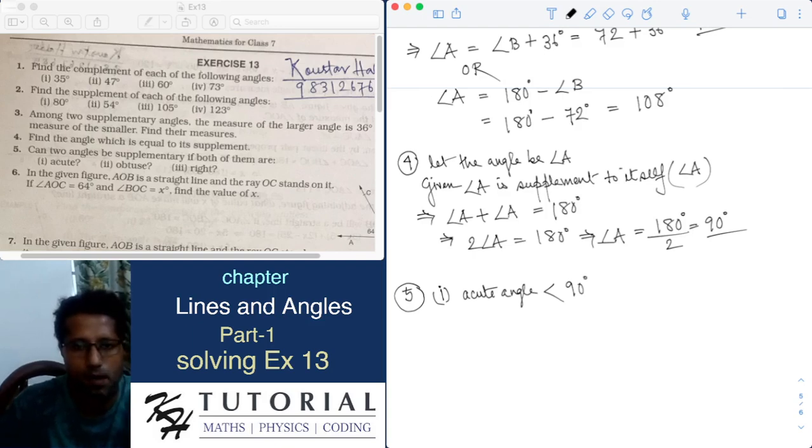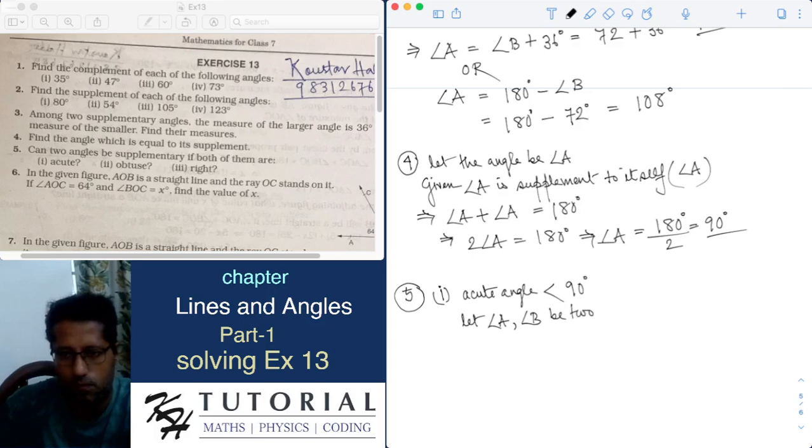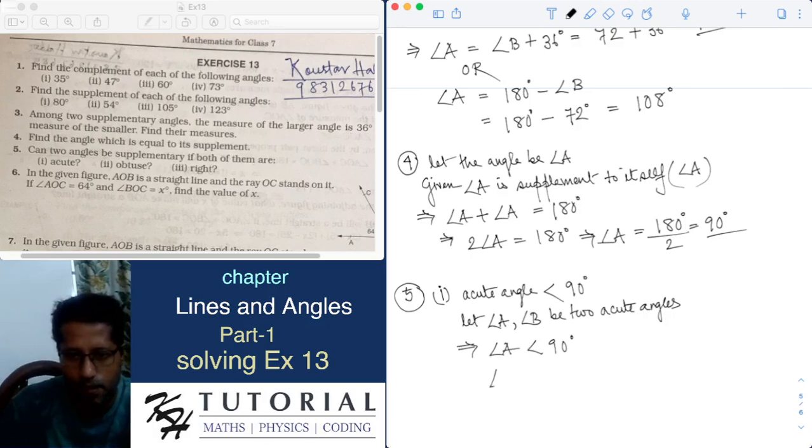So let angle A and angle B be two acute angles. So this implies angle A will be less than 90 degree and angle B will be less than 90 degree.